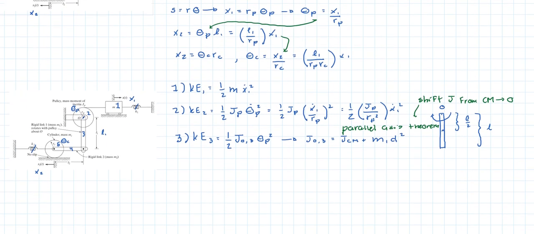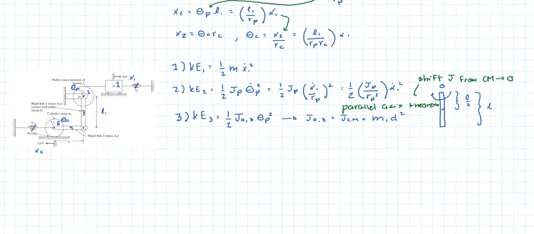Okay, so the moment of inertia of the rod about its center of mass is 1/12 times its mass times its length squared.